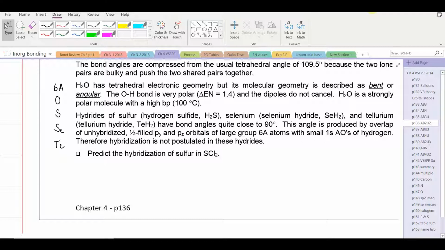So sulfur hydride, selenium, tellurium, because the central atoms are larger, there's little repulsion felt by the hydride bonds with these larger group 6a elements, and so there's no reason to propose hybridization occurs. But with other larger atoms like fluorine or chlorine or bromine or whatever, then in fact the bond angles are again tetrahedral, so we're going to invoke our hybridization postulate.